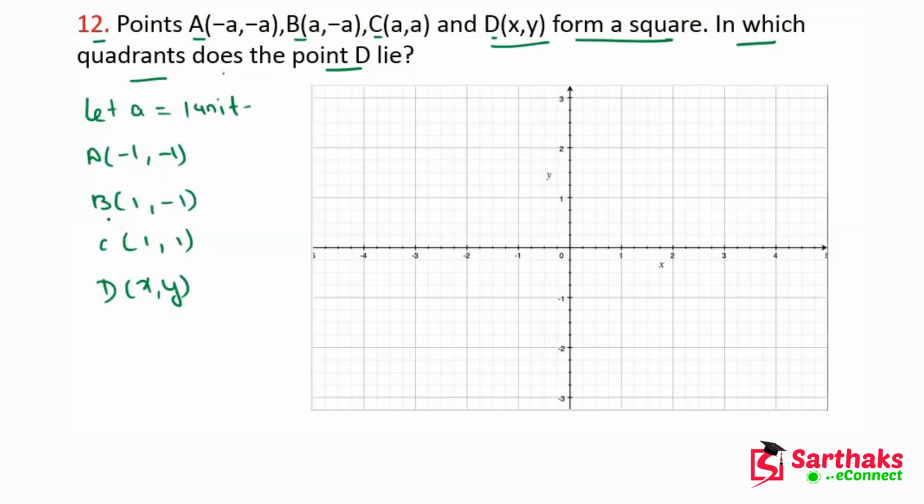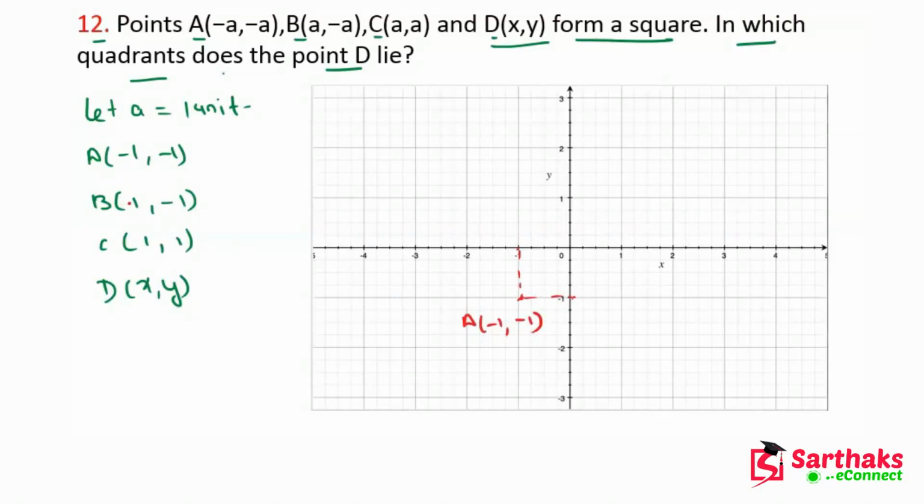Now first of all we have to plot points A, B and C. Point A is minus 1 comma minus 1, which means it lies in the third quadrant. So the x coordinate is minus 1 and the y coordinate is minus 1. This gives point A, minus 1 comma minus 1.